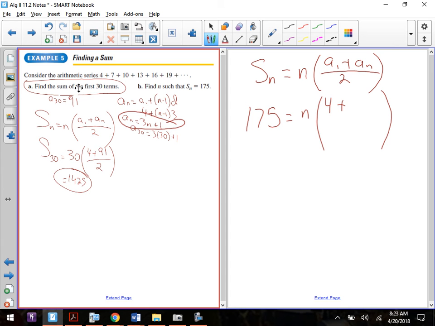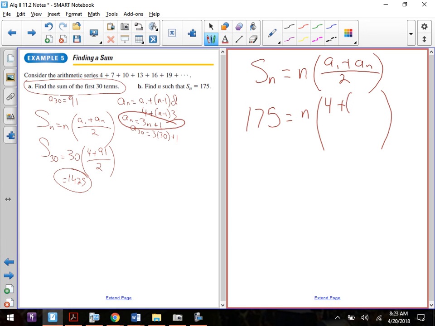So I put that in as 4 plus 3n plus 1 all over 2. First thing I'm going to do is get rid of that divide by 2. How do I do that? All right, so if I double 175, I get what? 350. So then I get 3n plus 5.